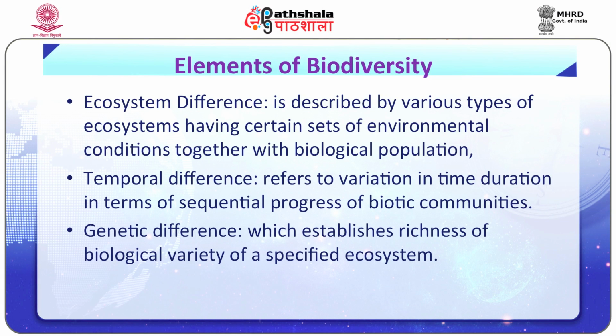Second, temporal difference refers to variation in time duration in terms of sequential progress of biotic communities. The biodiversity of an area is always measured in terms of temporal factor, that is, the condition of biological communities in the past, at the present time and in future. Here we also learn the course of development and destruction of species and their future standing.